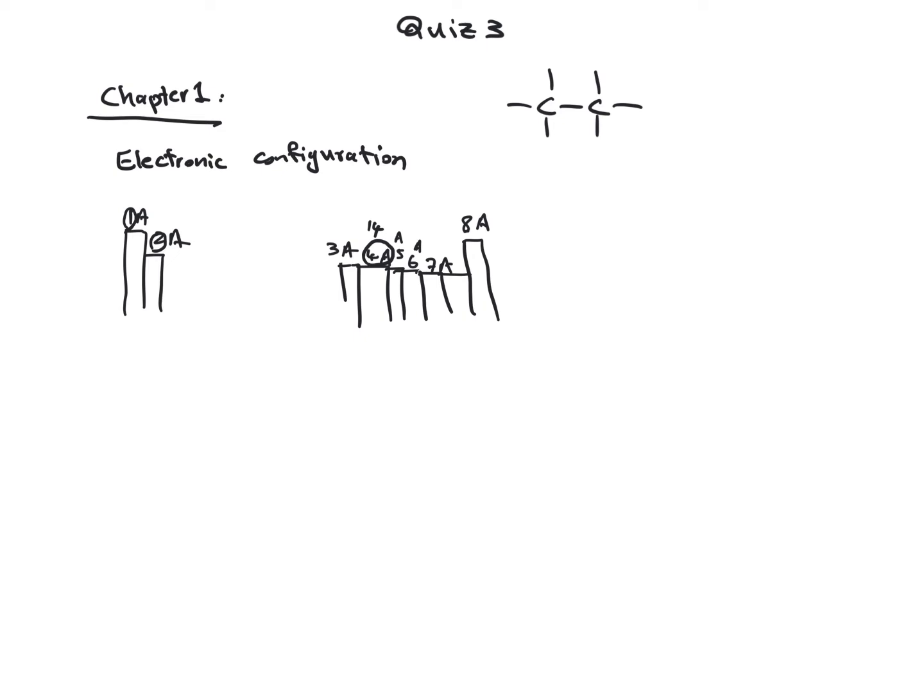But when we are talking about main group elements, it's the ones that I just wrote here: 1A, 2A, 3A, 4A, 5, 6, 7, and this is 8A.